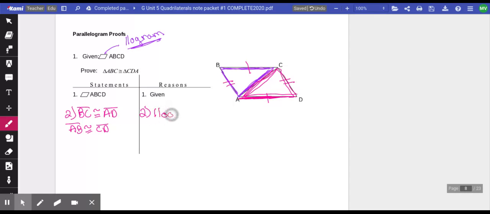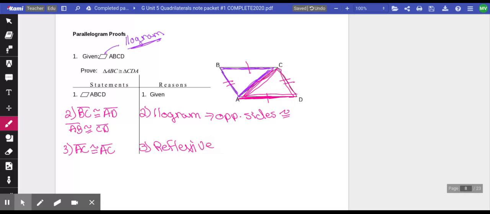So parallelogram means opposite sides congruent. I can then see they both share AC, so that means AC is congruent to AC, which is reflexive, which then means those triangles are congruent by side, side, side.